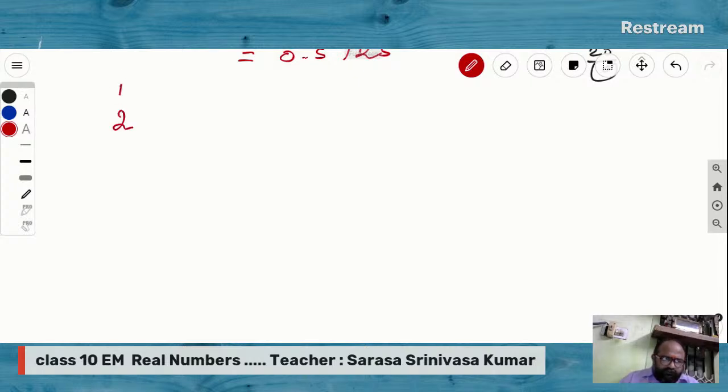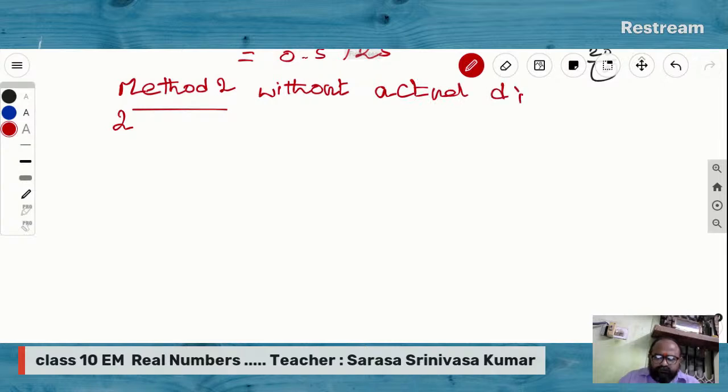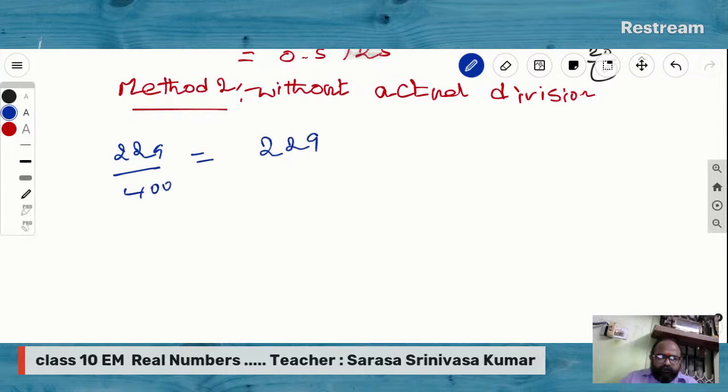This is method 2, without actual division. 229 by 400 is equal to 229 by 4 multiplied by 100, which is equal to 229 by 2 square multiplied by 10 square.